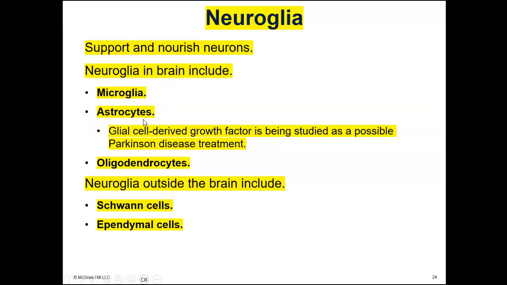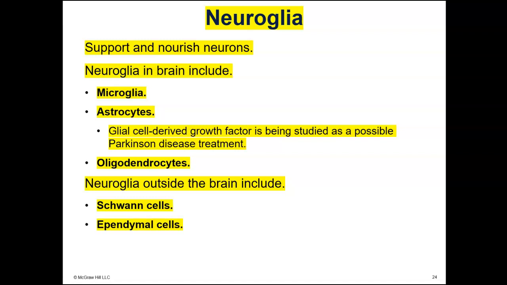Then there are astrocytes, which basically form the blood-brain barrier. They keep the blood from contacting the neurons because blood carries harmful chemicals and harmful pathogens in it. And once a neuron becomes sick or is destroyed, you can't replace it.